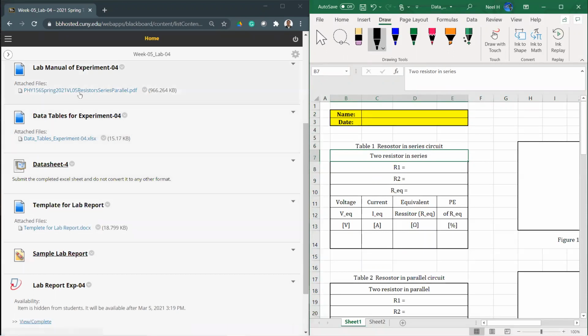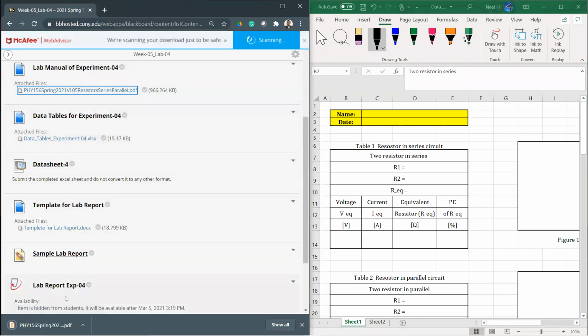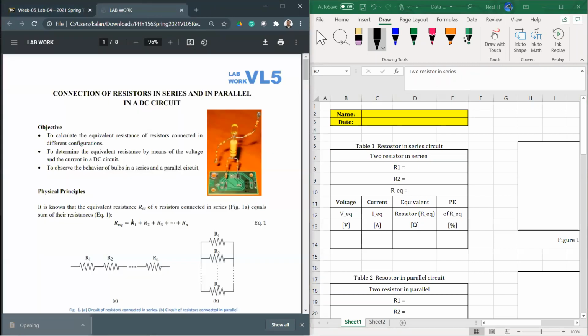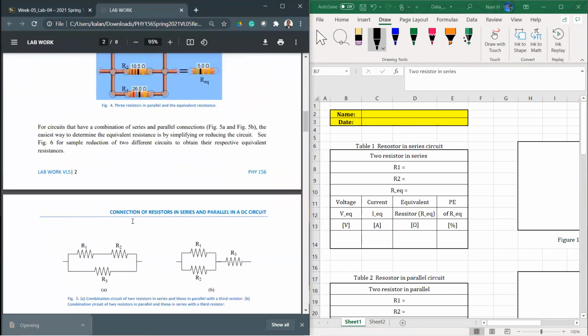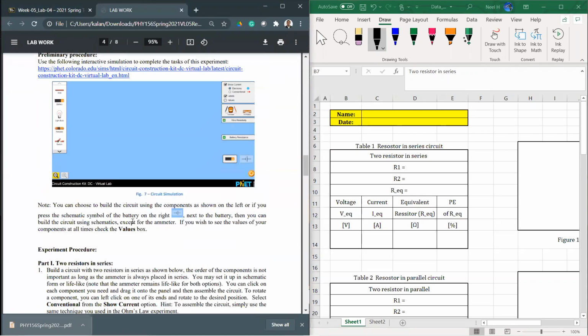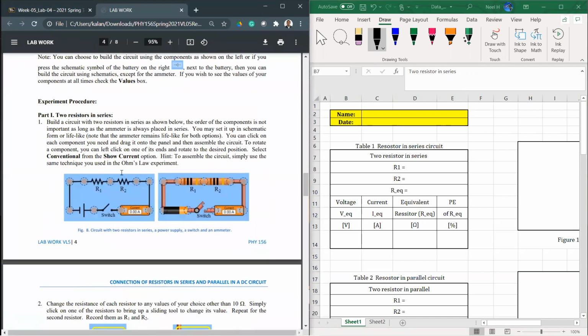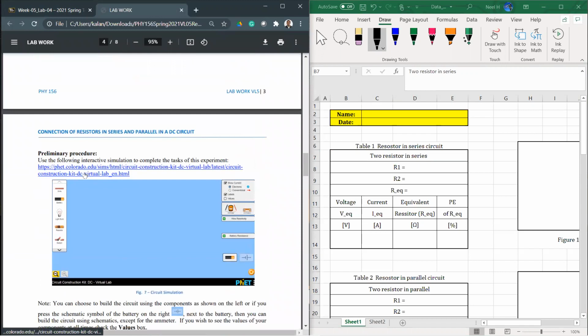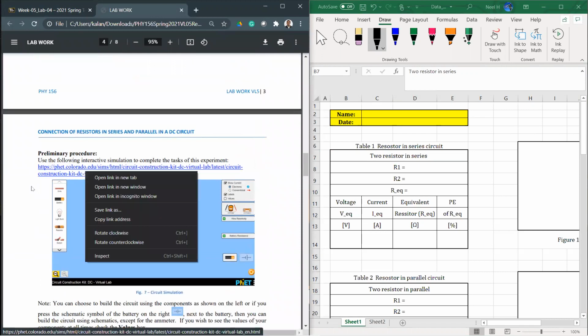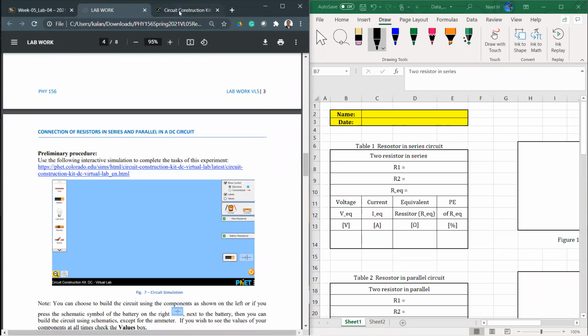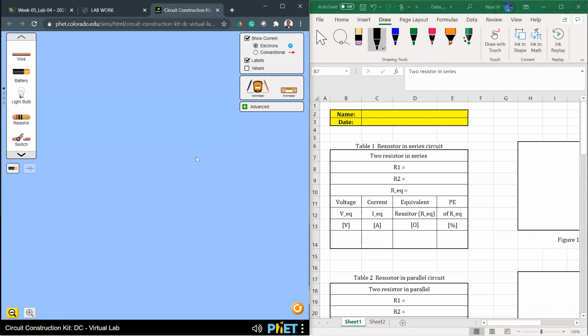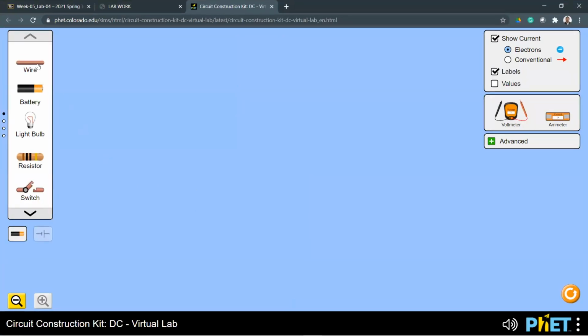Let's start with the lab manual. You can download the lab manual, and it should have a simulator link on page number 4, right here. If you click on that, we used this link earlier, it's the same simulator. I think it's familiar to everyone now.